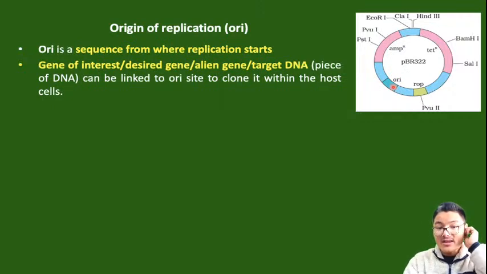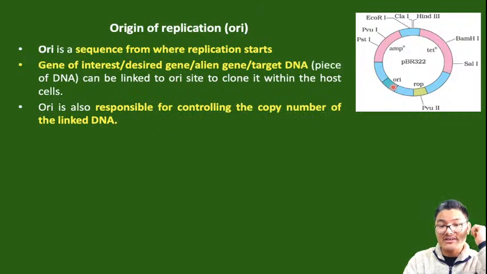Or desired gene. The ori site is mainly responsible for how many copies of the plasmid are required. If we require, say, 5 copies of the gene of interest placed at the ori site, then this ori site will undergo 5 times multiplication.